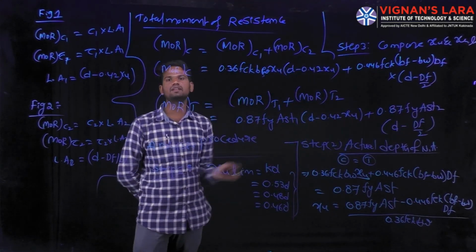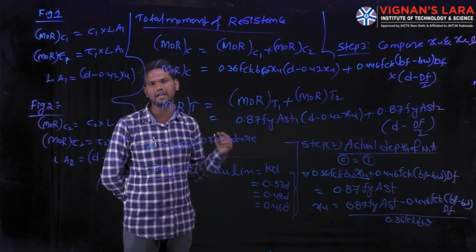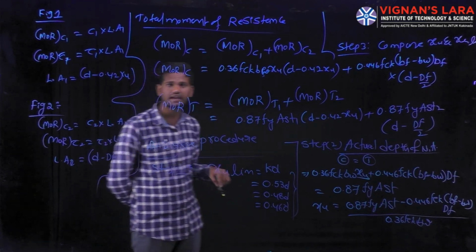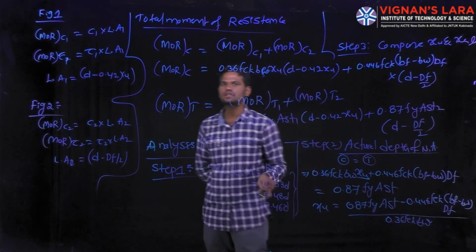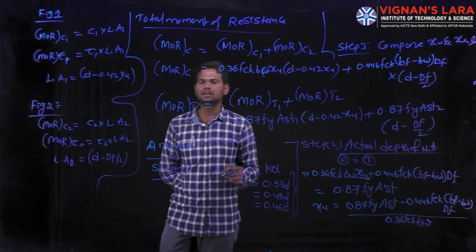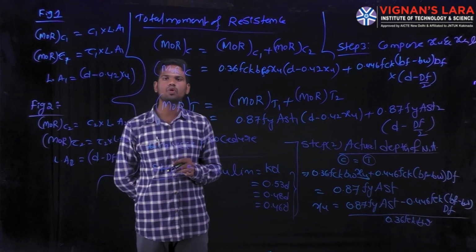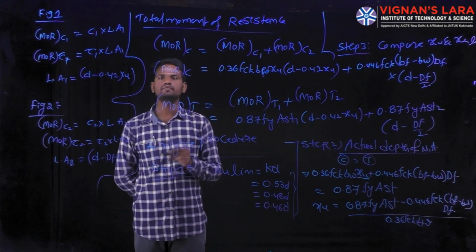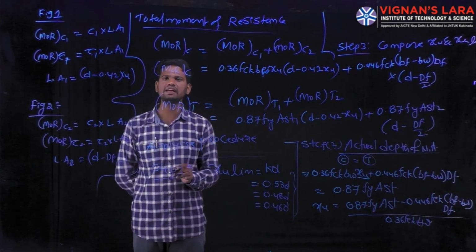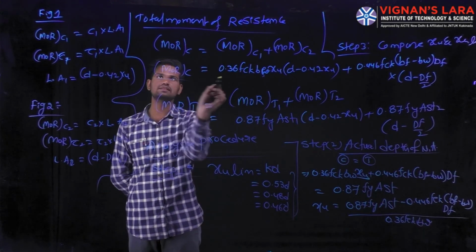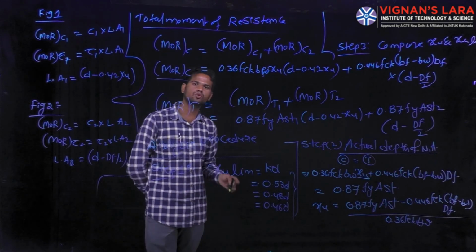If you compare Xu and Xu limit, you will get either a balanced section, an under reinforced section, or an over reinforced section. After comparison of the section, next we have to calculate the moment of resistance of the member in the compression direction as well as in the tension direction. This is the next step, step number 4.